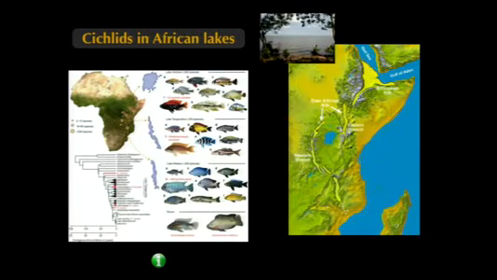These fishes are unique, maybe, in their capacity to evolve quickly. They have a unique structure of their jaws that allows them to differentiate their feeding niches in specialized ways.